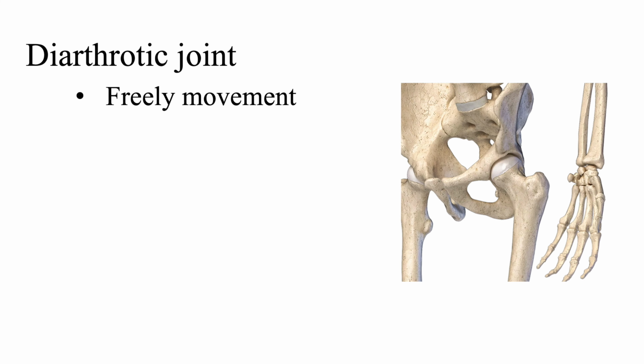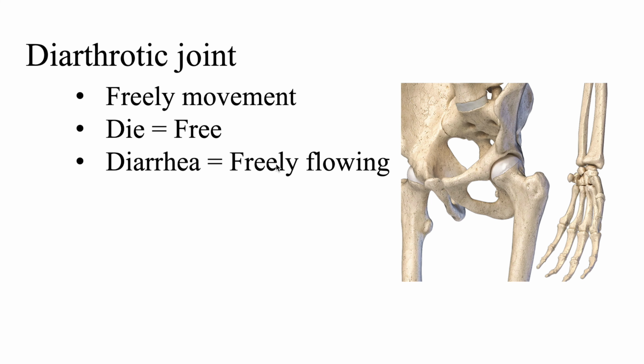The next classification is diarthrotic joints, and these are our freely movable joints. An example of this is our hip joint, known as the acetabulofemoral joint, which is a ball and socket joint, which allows the greatest range of movement. The way that I remember that diarthrotic joints are freely movable is I think of when we die, we are free. I also had a student comment that they think of the word diarrhea, which means freely flowing.